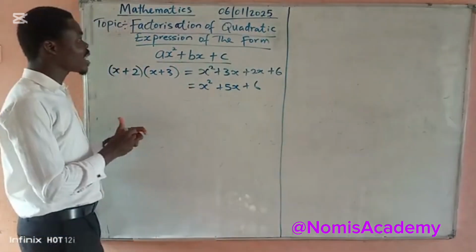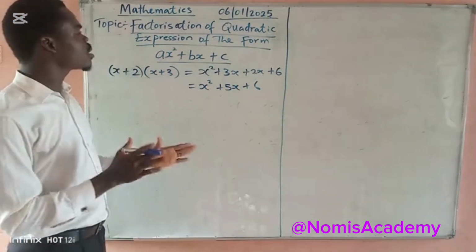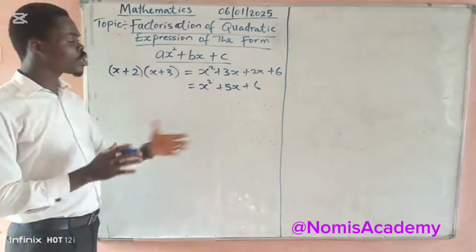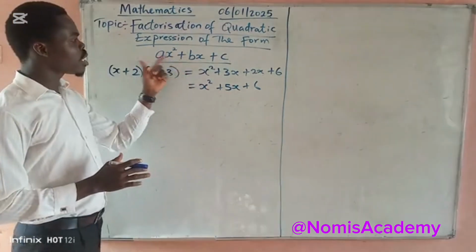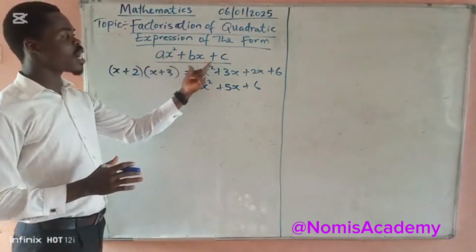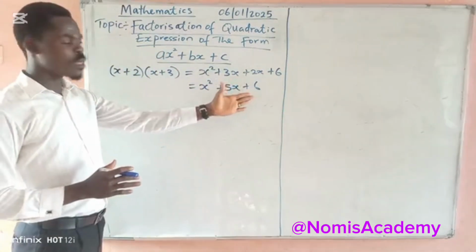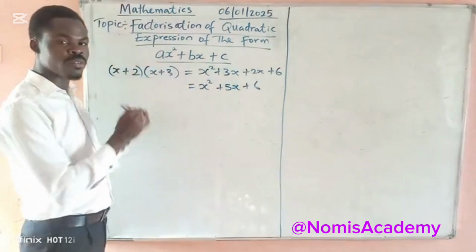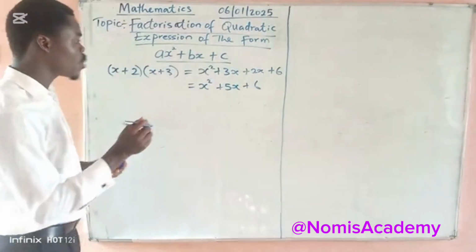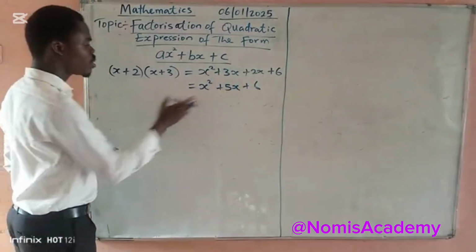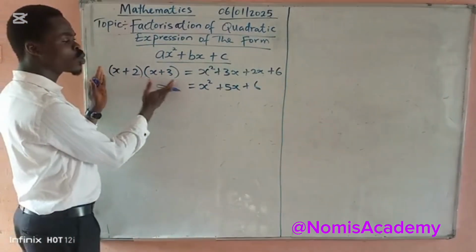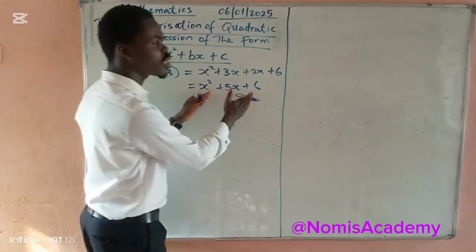Now we are going to learn how to factorize quadratic expression of the form. You can see that what we have are the positive signs. So the first example we are going to be solving is this. Remember, the product of these two linear factors is what gives us this.